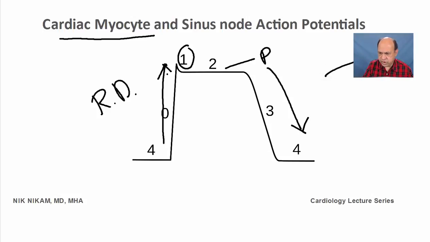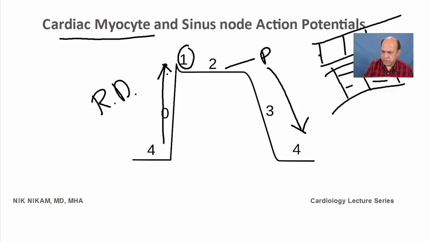I just wanted to let you know we are talking about what is happening inside the myocardial cell itself, and here is the intercellular space, and next to that is the next myocardium here.